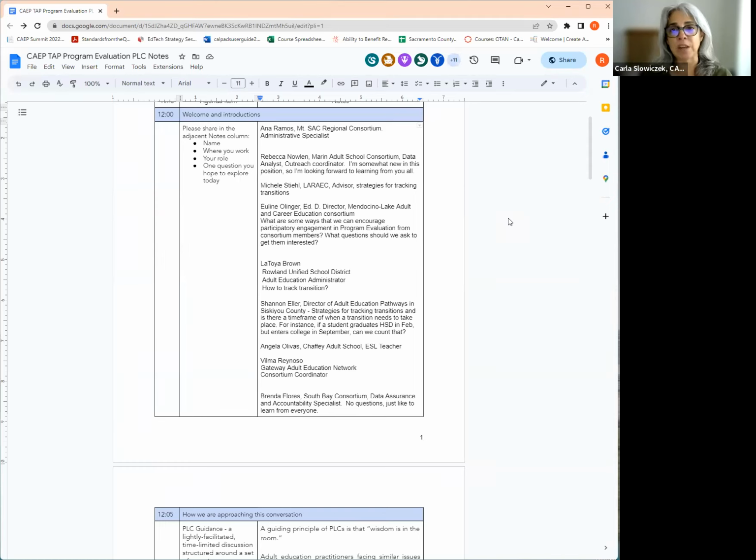And one of the educational outcomes under that category is entered college, any college situation. So the same student could trigger a transition to post-secondary achieved and also trigger entered college on achieved post-secondary.